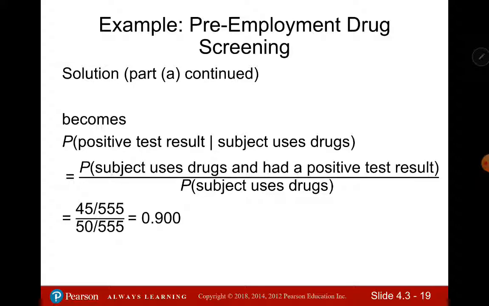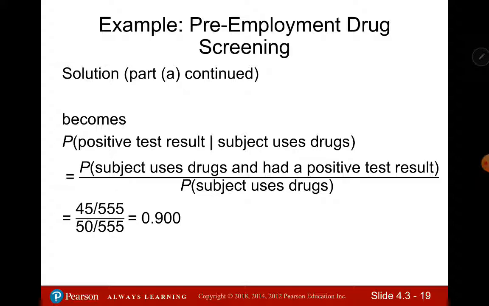The probability of A and B, uses drugs and the positive result. The probability here is not the number of subjects, so it's 45 over 555.